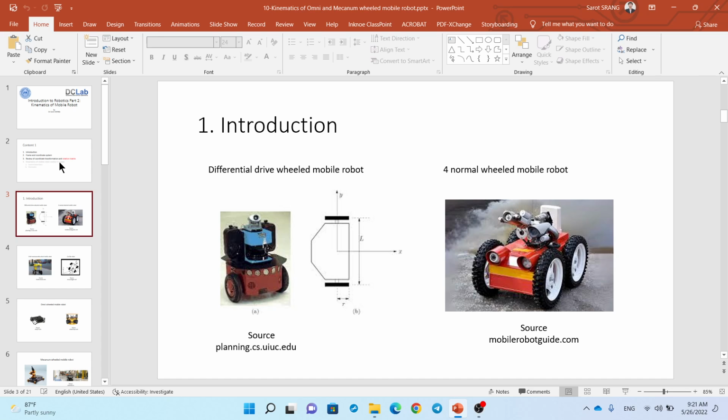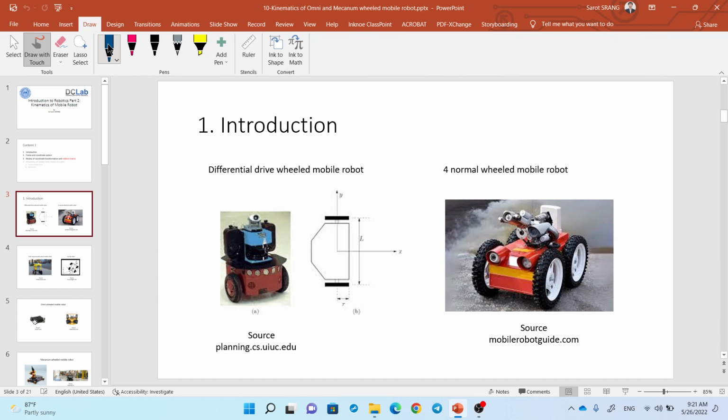The first one is called a differential drive wheel mobile robot. It has just two wheels, and these two wheels are just normal wheels, right? Normal means it's just like a motorbike tire, right? There's no mechanism on the wheel itself.